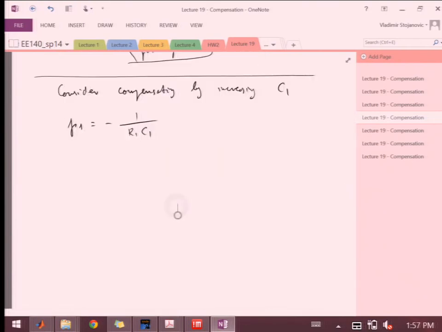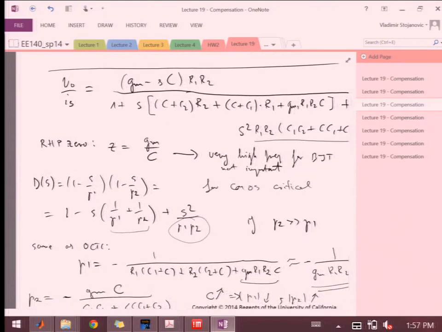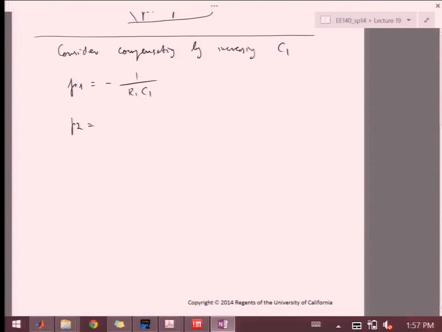Right? And then from the equations that we already derived for the true pole 1 and 0 and the product of these two, I'll get essentially that P2 is 1 over R2 times C2 plus C.